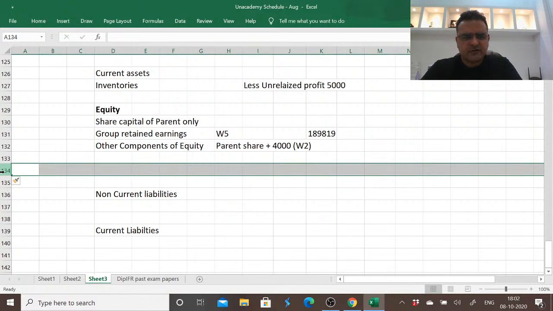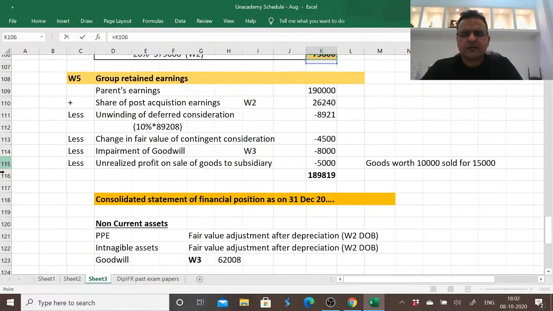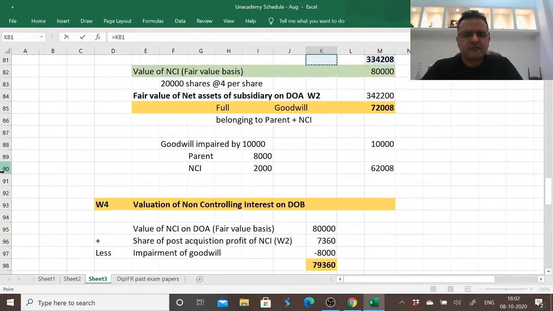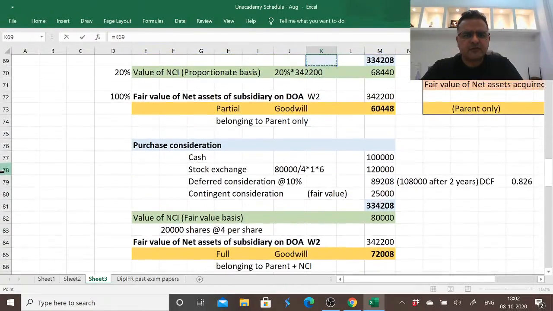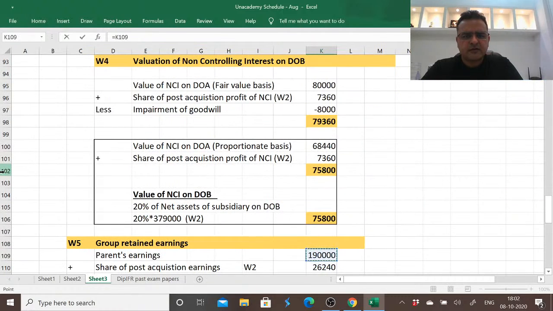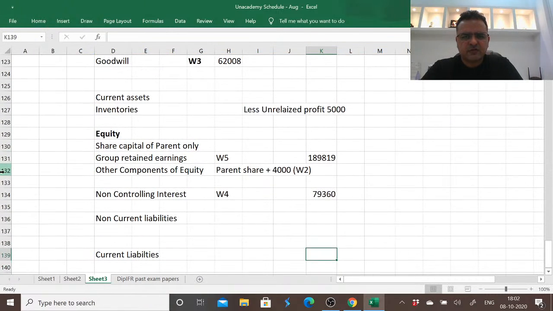Apart from this, non-controlling interest we measured from working note number 4, valuation of non-controlling interest, that is 79,360.